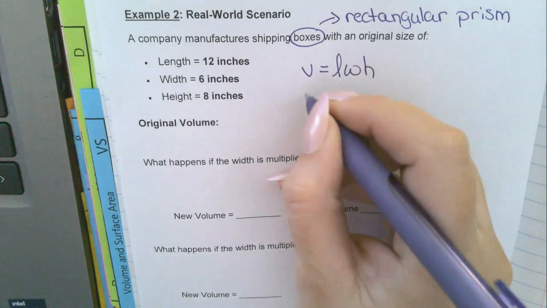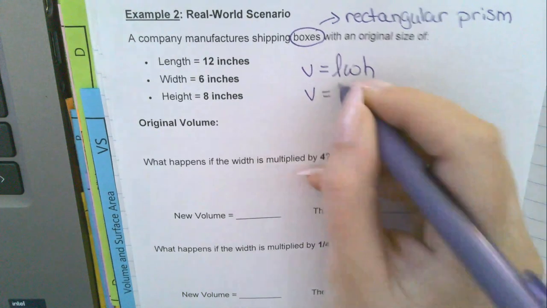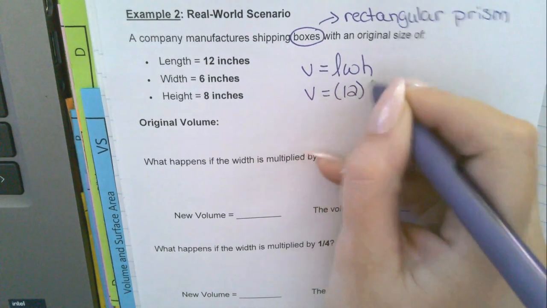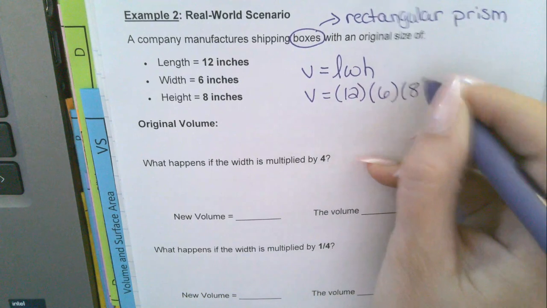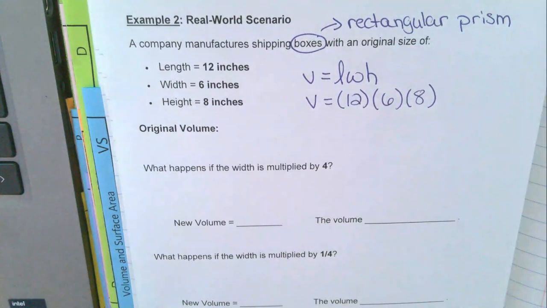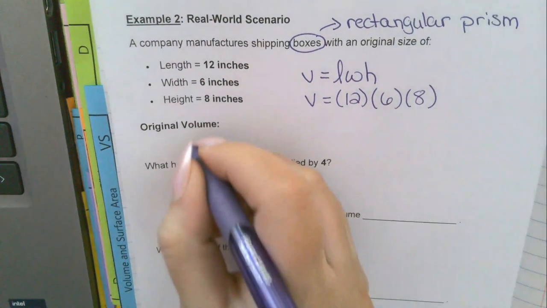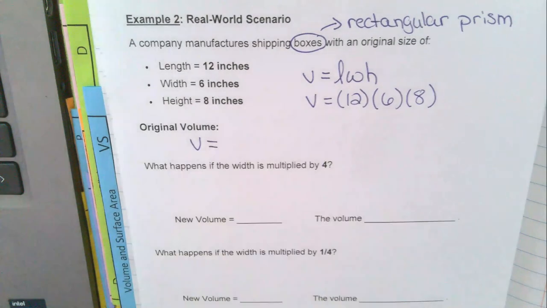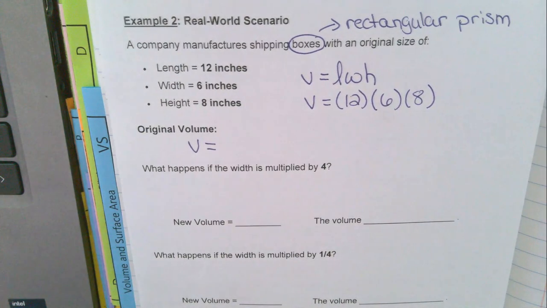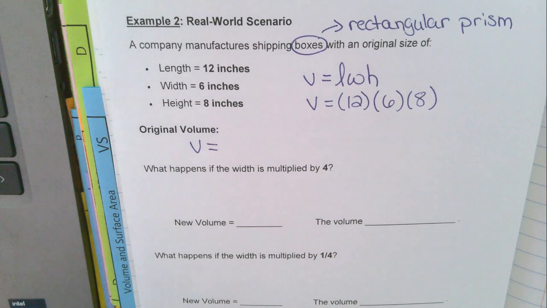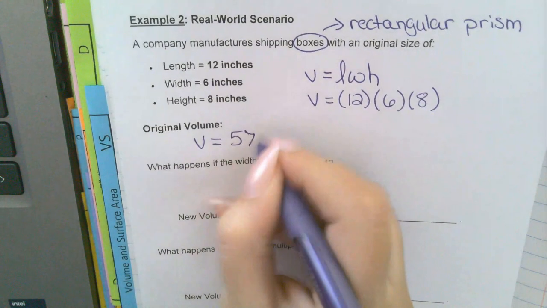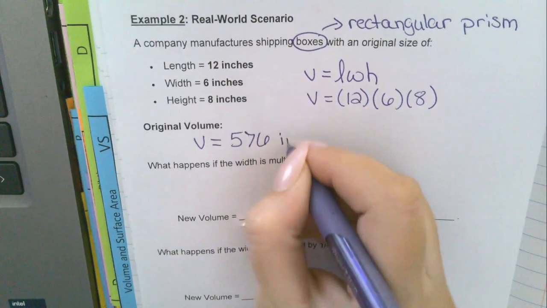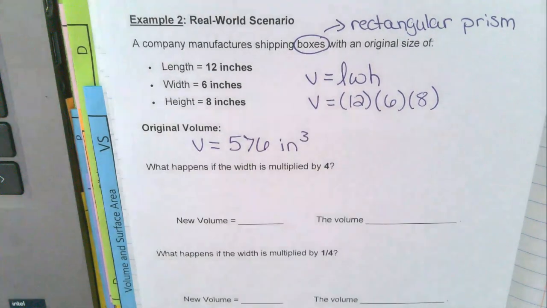I'm going to substitute in 12 for my length, 6 for my width, and 8 for my height. What is my original volume of this box? 576 inches cubed.